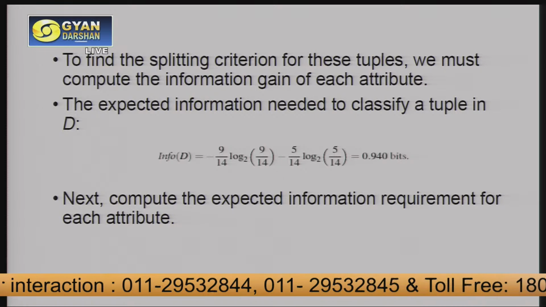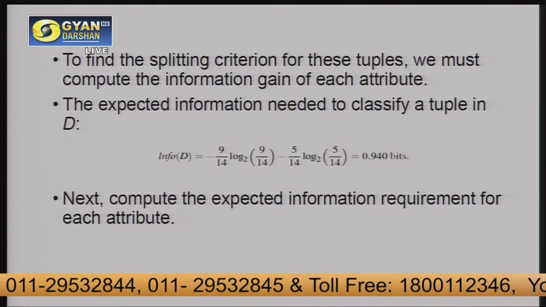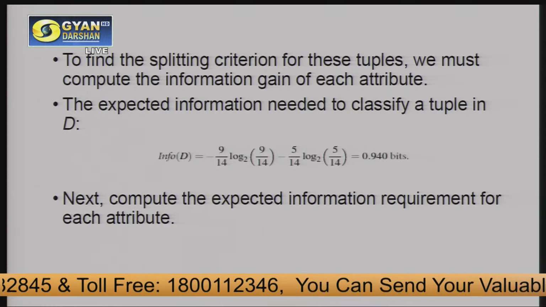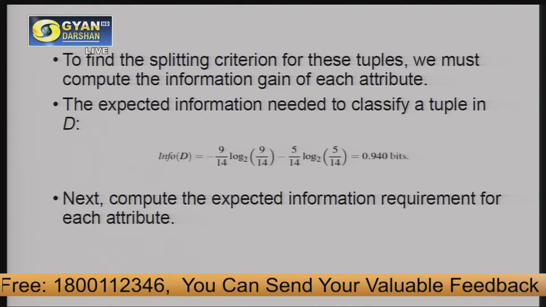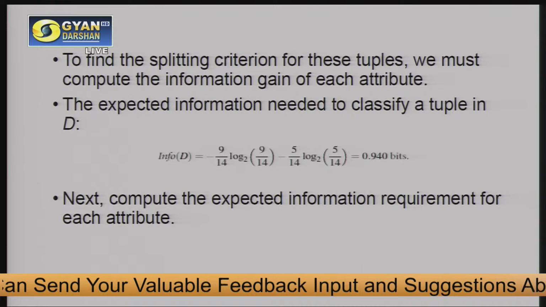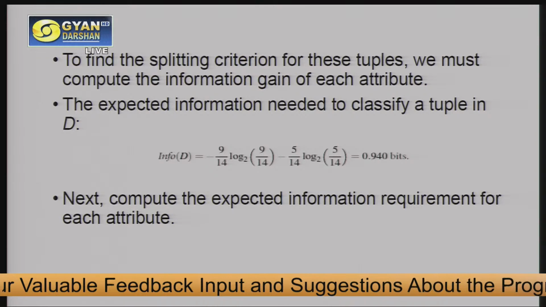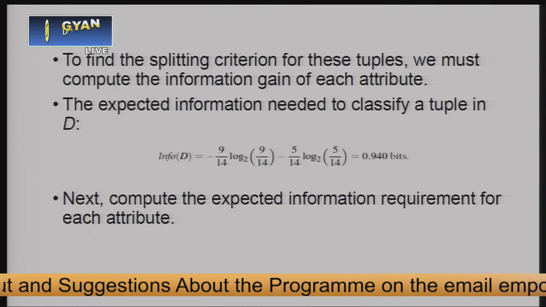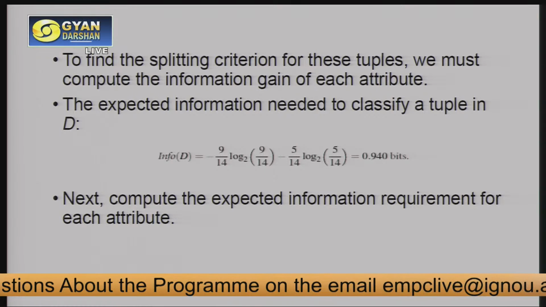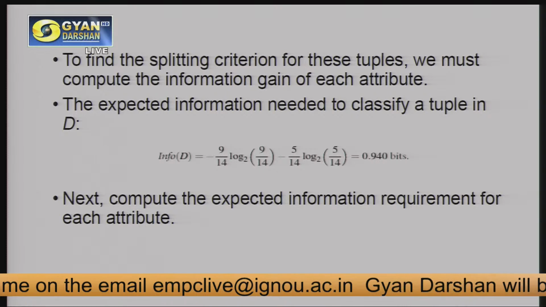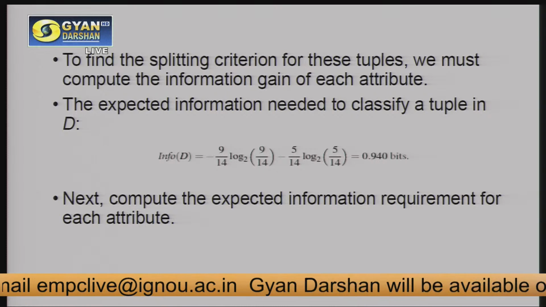Here 5 is all the tuples which belong to the no class, right? The total is 14, and again we use the formula log base 2 of 5 by 14. If we compute all of this, we get the value of 0.94 bits.